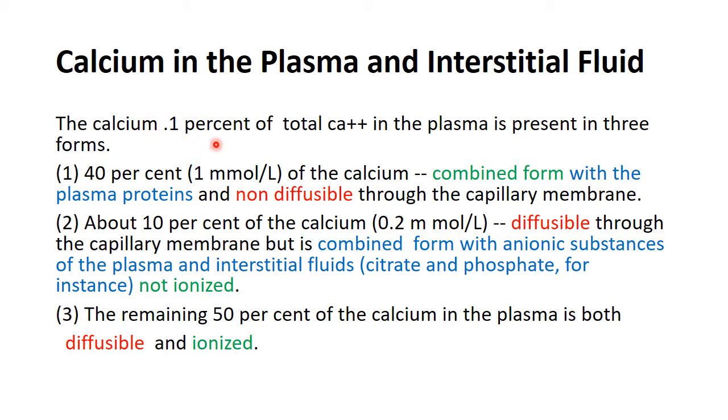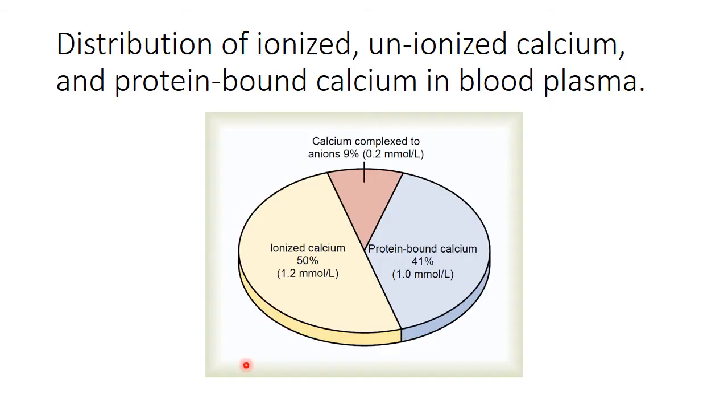Now, of this 0.1%, 40% of the calcium is in combined form, and it is non-diffusible. 10% is diffusible and in non-ionic form. The remaining 50% of the calcium in the plasma is both diffusible and ionic.